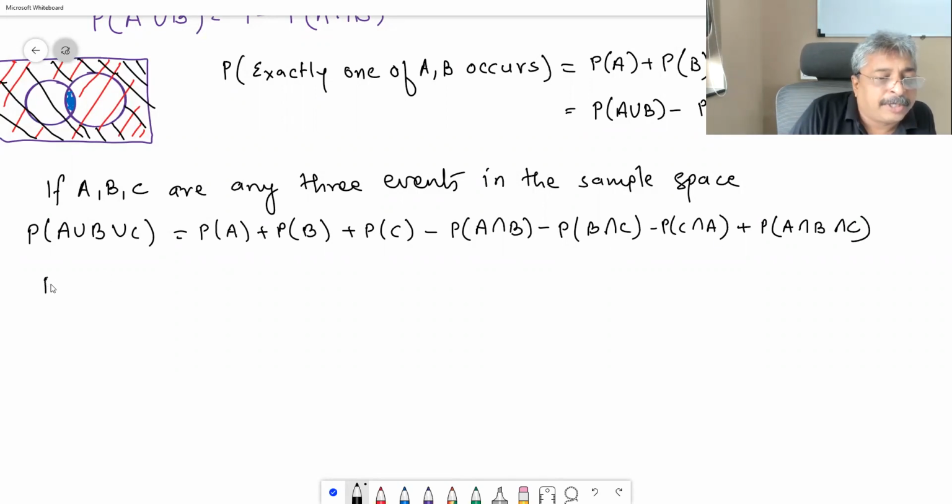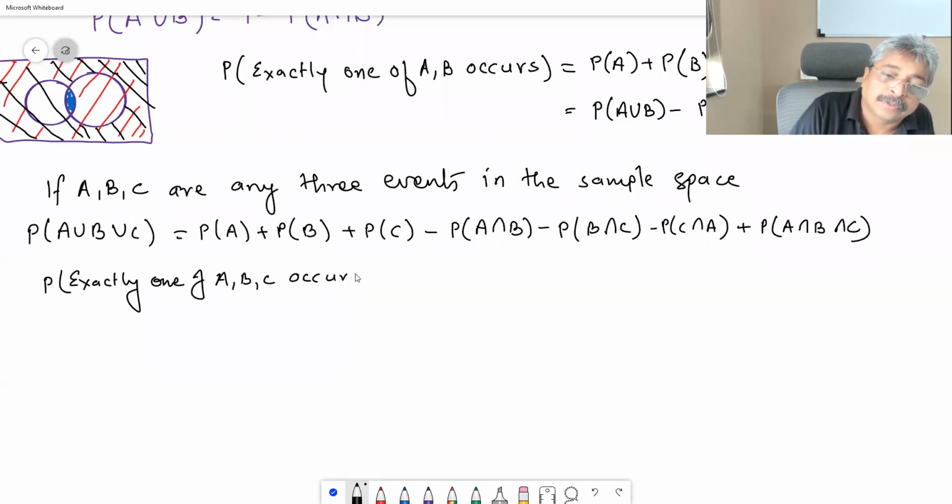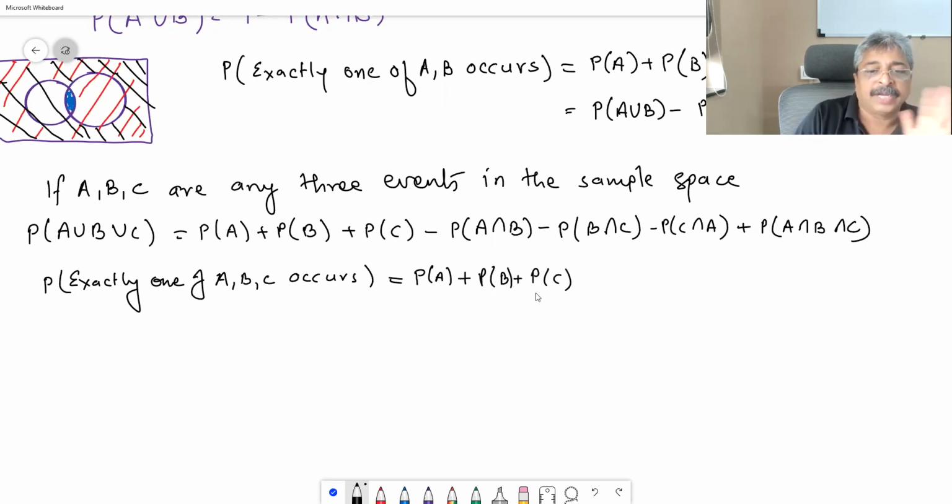Good. Find the probability of exactly one of A, B, C occurs, is equal to, easy. Check if you are convinced with this answer. Probability of A plus probability of B plus probability of C. Add all three.